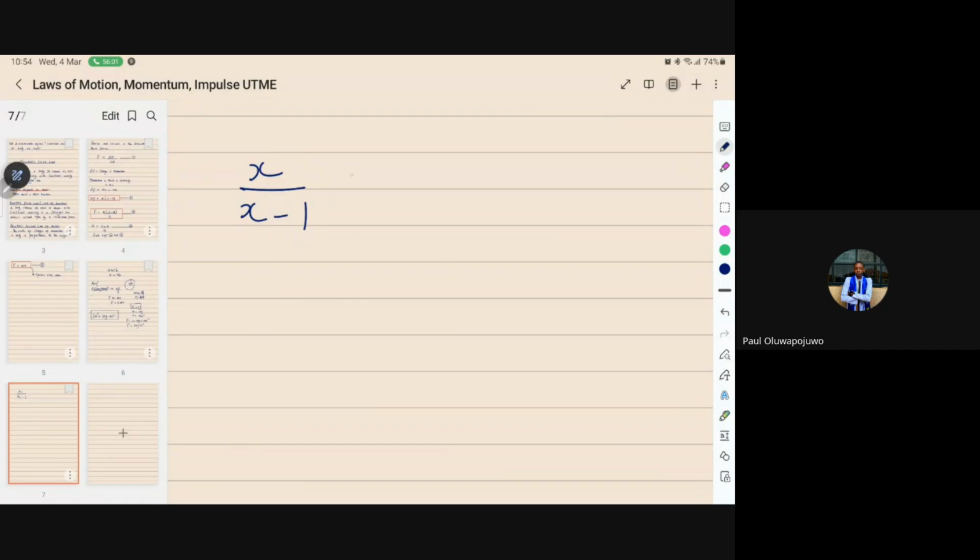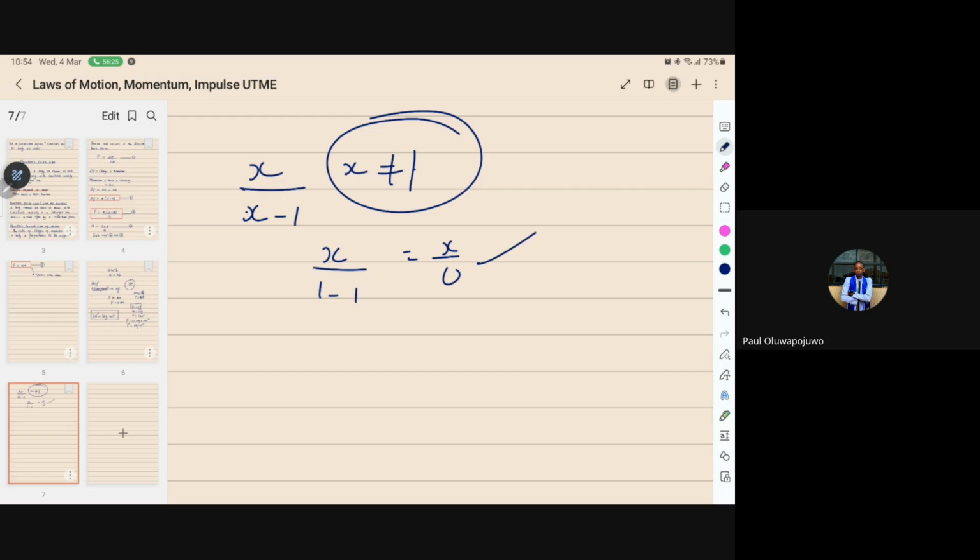They will not say where x is not equal to 1. It's an assumption, because you know that if x is equal to 1, you're going to have 1 over 1 minus 1, which is 1 over 0. That will blow up, undefined. So we have to assume so we don't have that kind of situation.